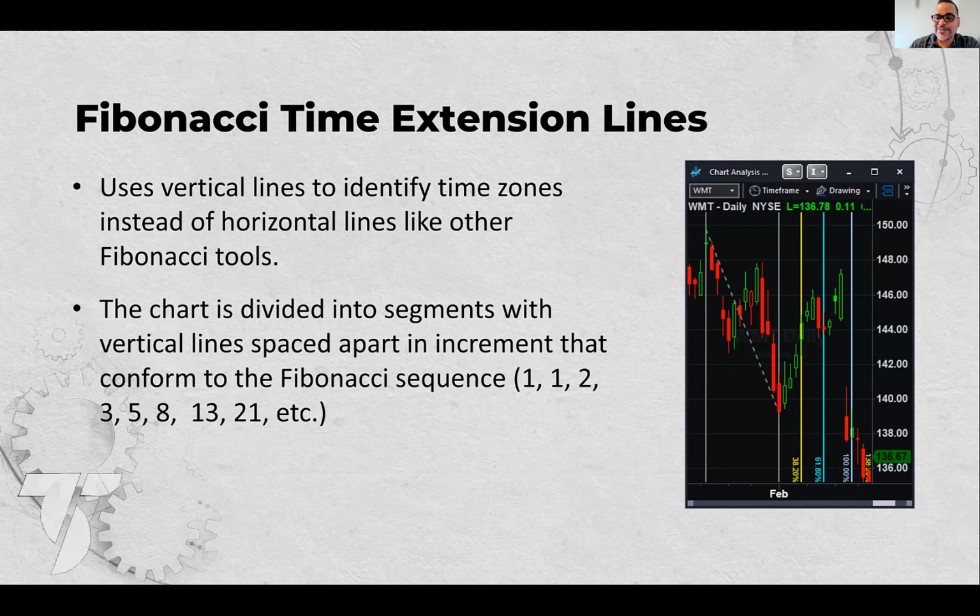The chart is divided into segments with vertical lines that are spaced apart in increments that conform to the Fibonacci sequence. So the increments are at 1, 1, 2, 3, 5, and we're going to see that on the chart as we draw it. It's using the same Fibonacci number sequence, and it's going to space the bars based on what you supplied. So let's go ahead and take a look.